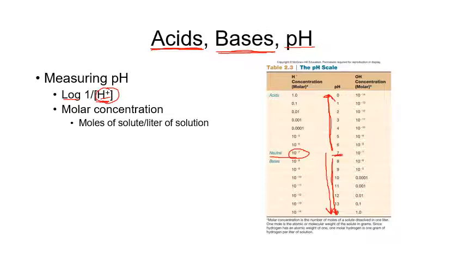Why is this important? Your blood pH. Your blood pH is one of those homeostatic values. Your blood pH hangs around 7.4. But remember, homeostasis is not a set point, so usually between 7.35 and 7.45, within that range.